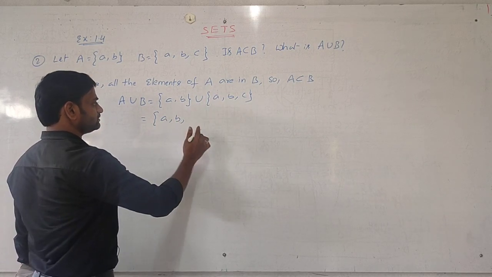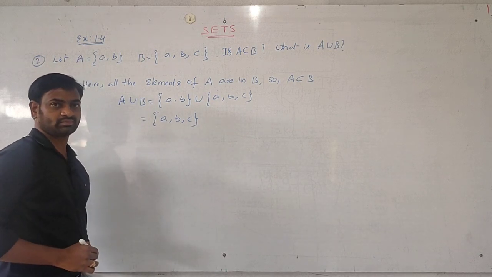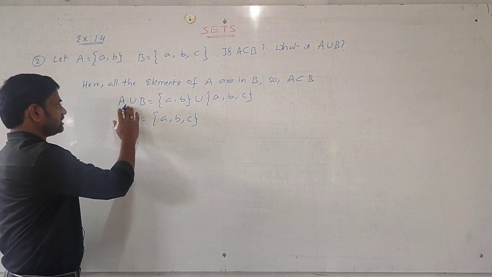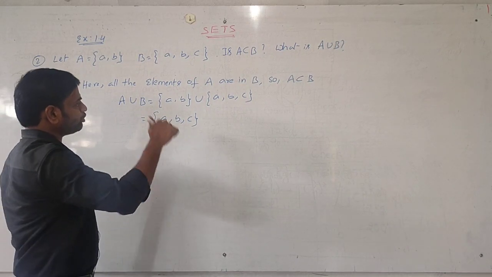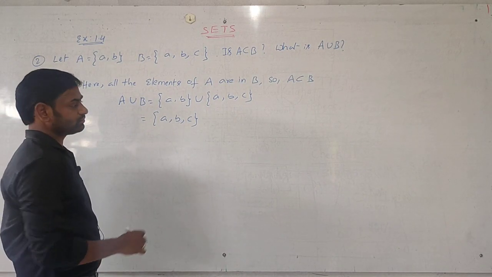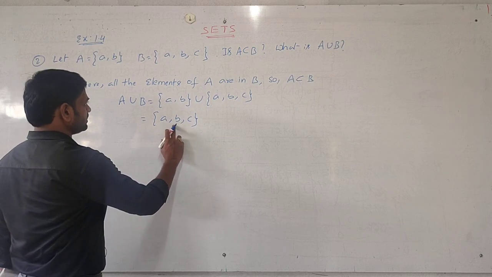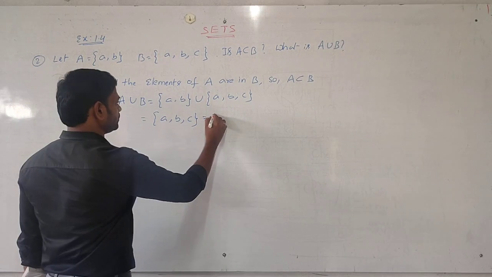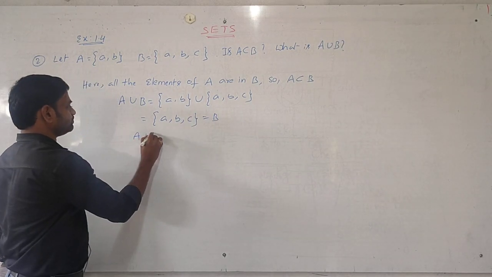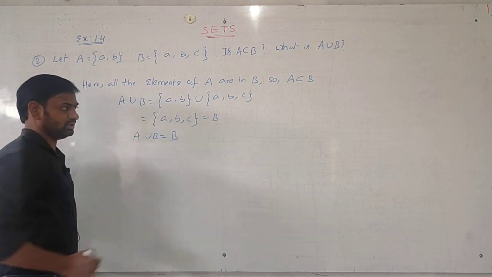Again b is there, don't write. Then c. This is A union B. A union B is equal to {a, b, c}, that is B only. So A union B is equal to B.